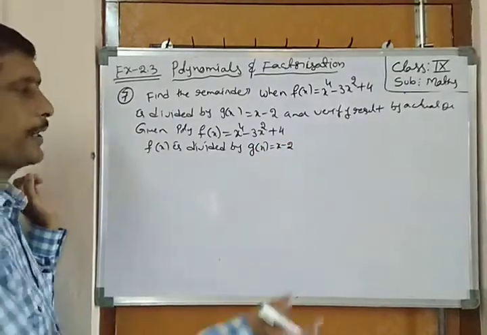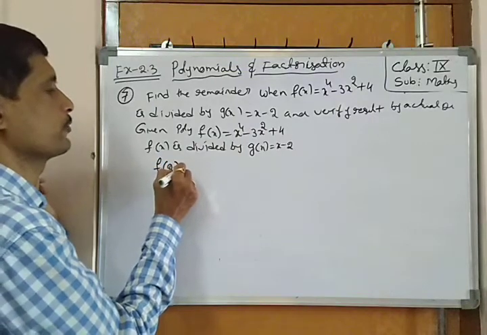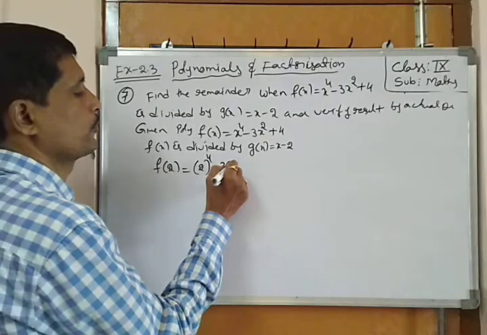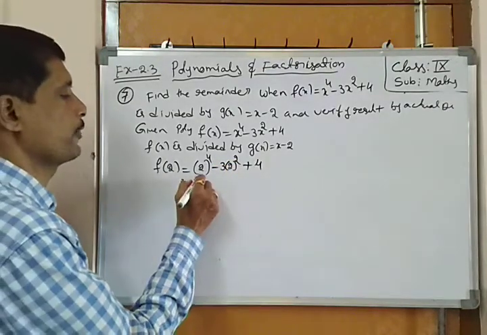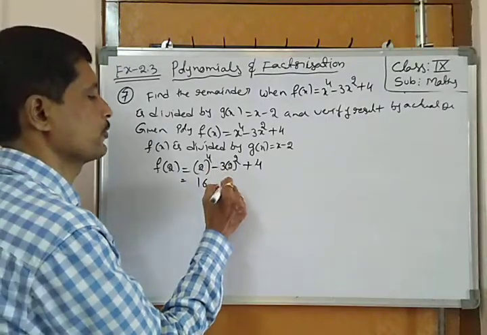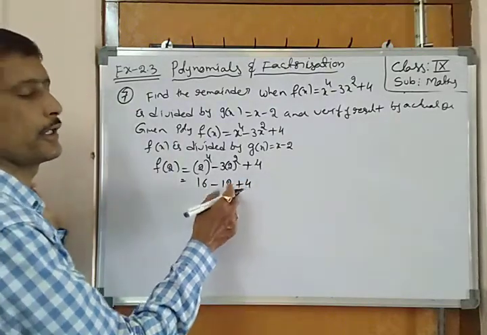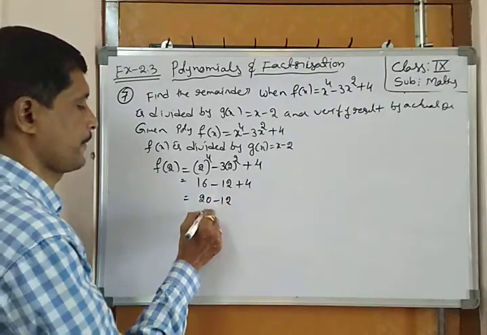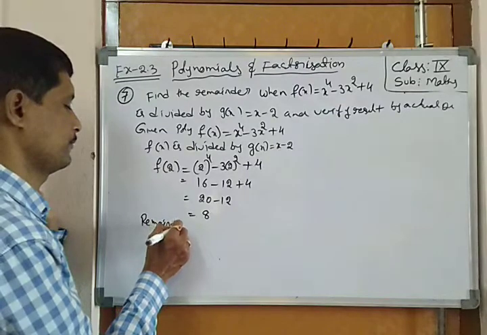Therefore x minus 2 equal to 0, so x equal to 2, and we find the value of f of 2. F of 2 equal to 2 whole power 4 minus 3 into 2 whole square plus 4. Here 2 power 4 is 16, 2 square is 4, 4 into 3 is 12, plus 4. 16 plus 4 is 20, 20 minus 12 equal to 8. Therefore the remainder equal to 8.